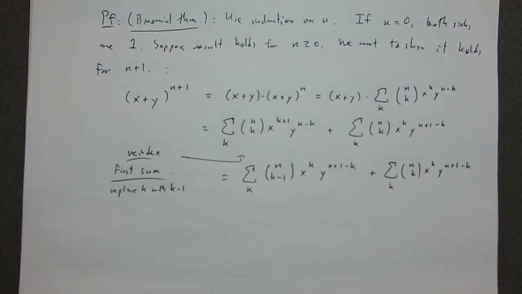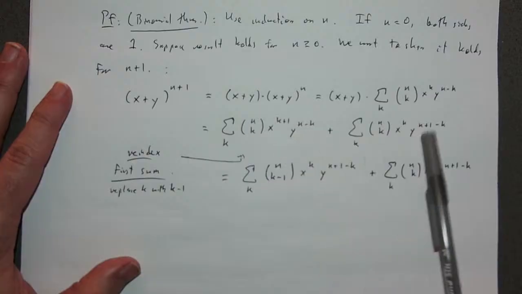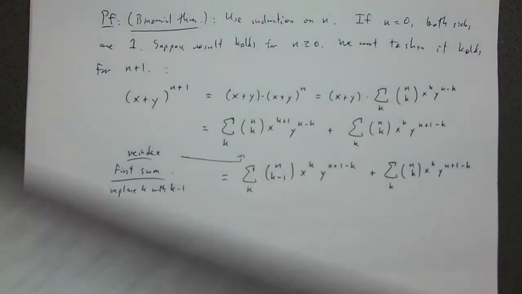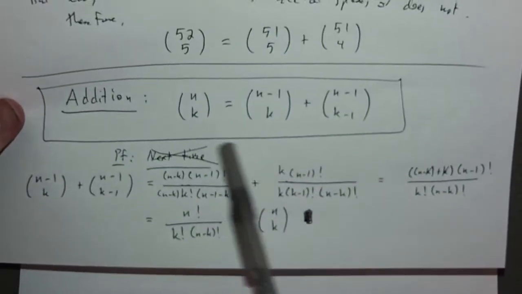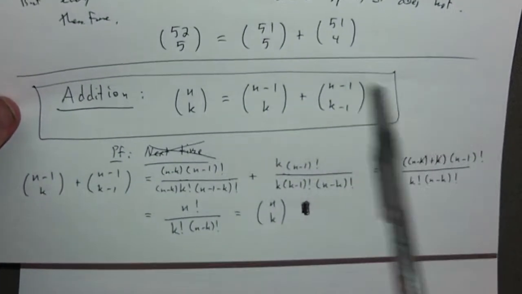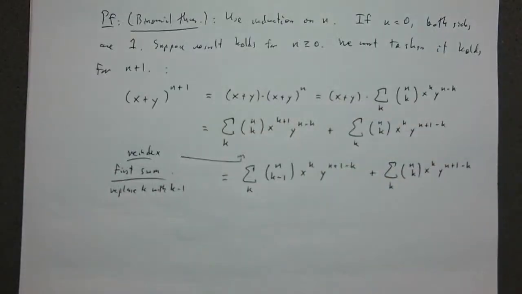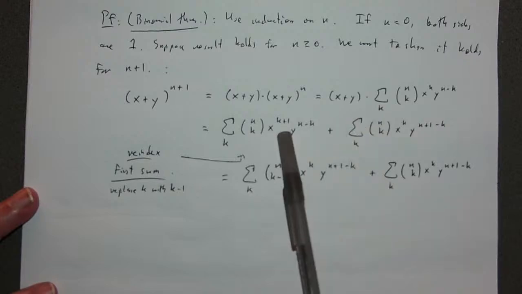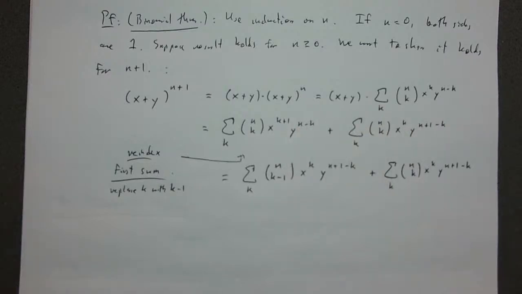Now, you might ask, why would we have done this reindexing in the first place? Why would you have gotten this idea? You would have gotten this idea basically trying to match up the terms here, coming from this previous fact, the addition fact. So you're using your intuition saying, I know this is the case, and I also want to match up these terms here so that these can be combined.